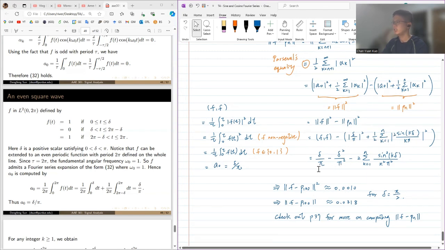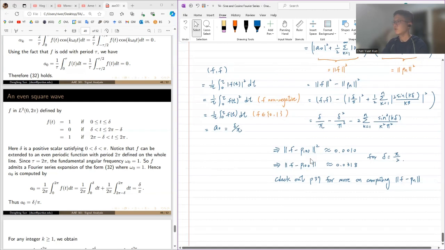And in the end, we will see that the total power of the approximation error is equal to delta over pi minus delta squared over pi squared minus 2 times the summation of the square of sine of k delta over the square of k times the square of pi, and k is from 1 to n.